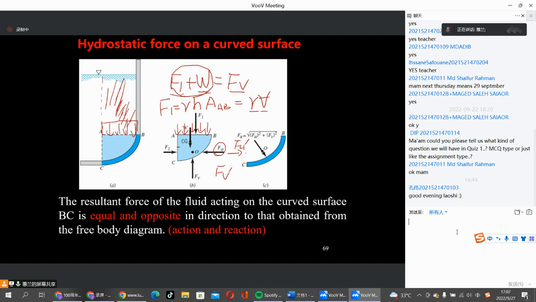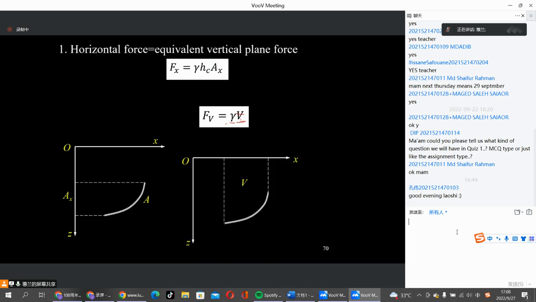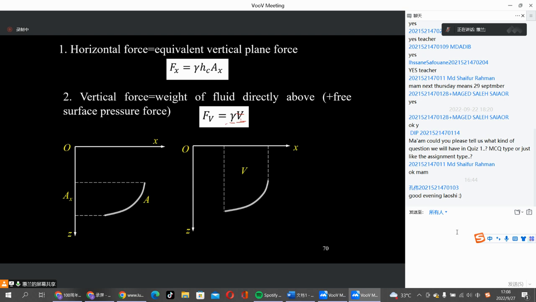That means they are action and reaction forces. After finding FH and FV, you can find FH prime and FV prime. And then from the vertical and horizontal components, we can find the total force, not only the magnitude, but also its direction. Definitely, you can also use the integration method: choose an element area, calculate the element force, and then integrate.